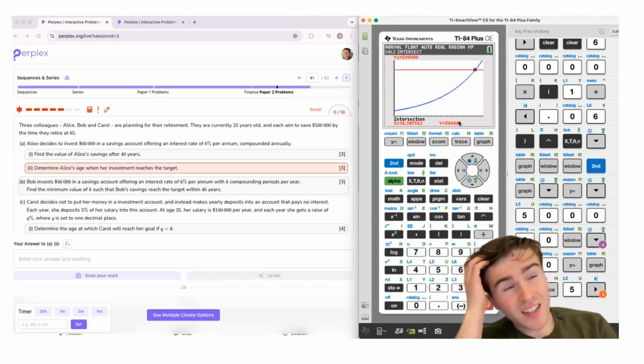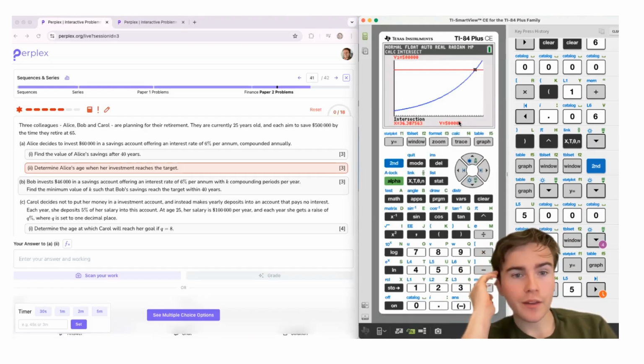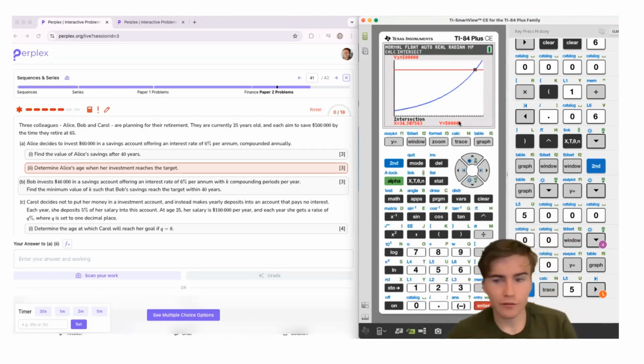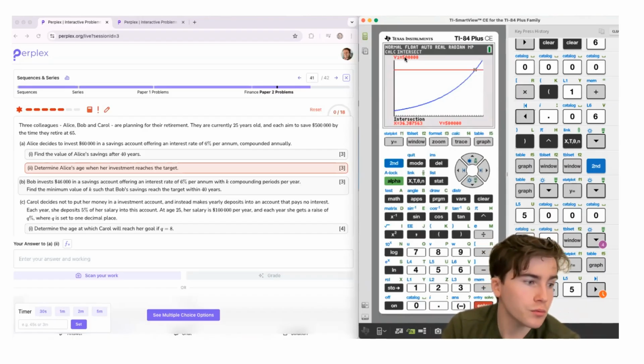Okay, now because the compounding is happening annually, Alice is going to have to wait 37 years for her savings to reach that value. And since she started when she was 25, plus 37 is going to be 62.